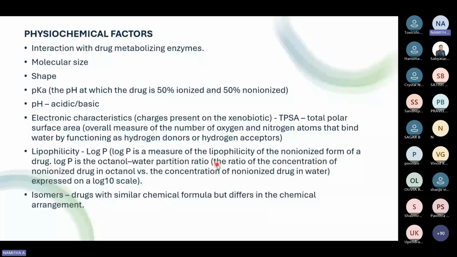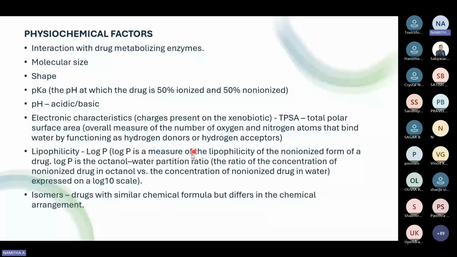These physicochemical factors are molecular size, shape, pKa. pKa is the pH at which the drug is 50% ionized and 50% unionized. pH of the drug, that is whether it is acidic or basic, electronic characteristics, charges present on the xenobiotic, that is the total polar surface area. It is an overall measure of the number of oxygen and nitrogen atoms that bind with water by functioning as hydrogen donors or hydrogen acceptors.